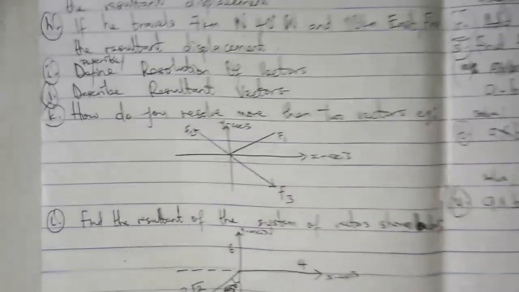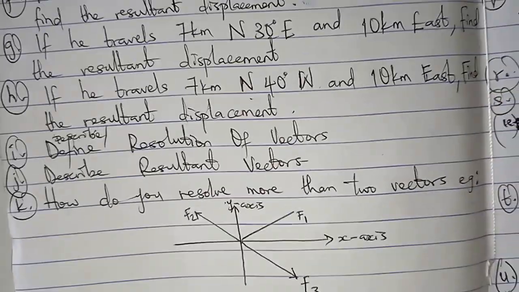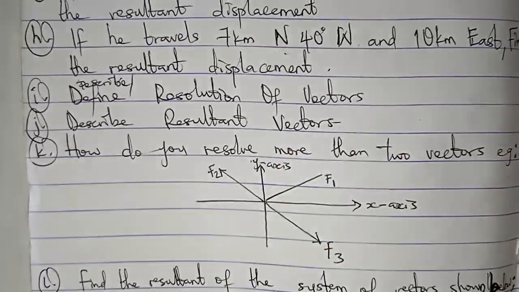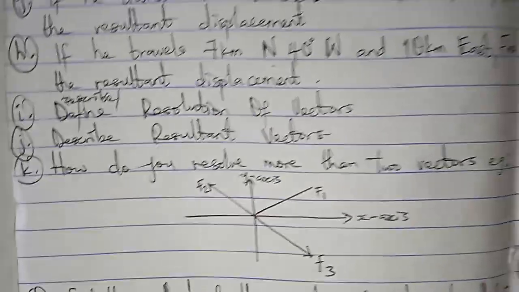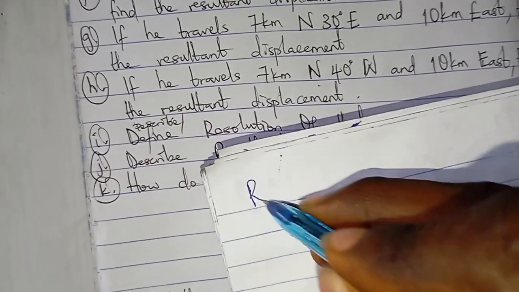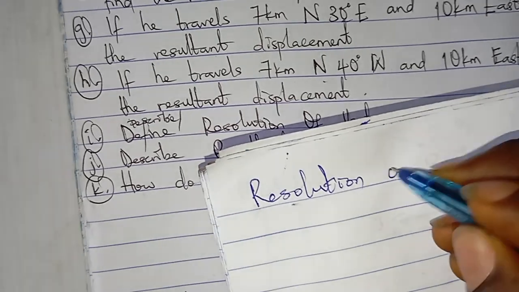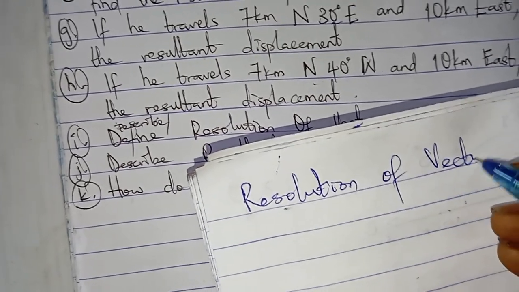Alright, they said define resolution of vectors and describe resultant vectors. So let's define resolution of vectors.